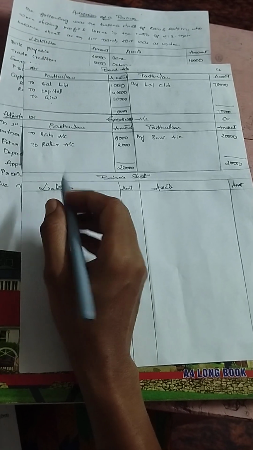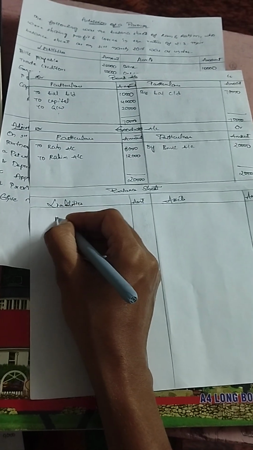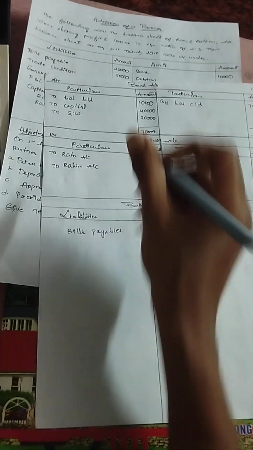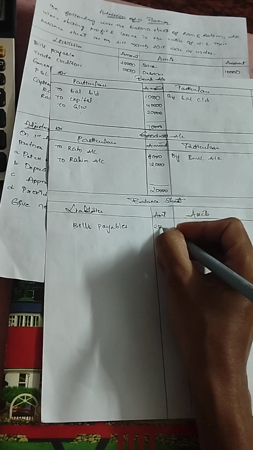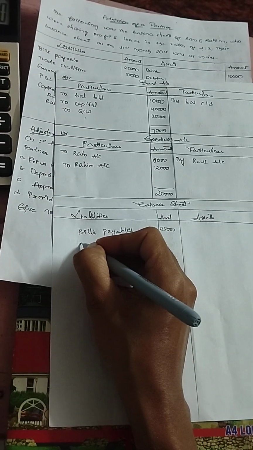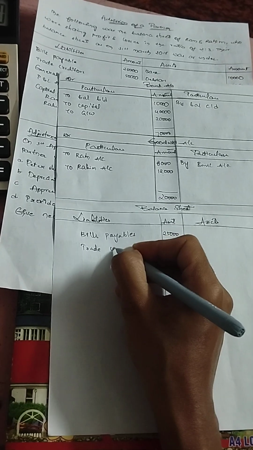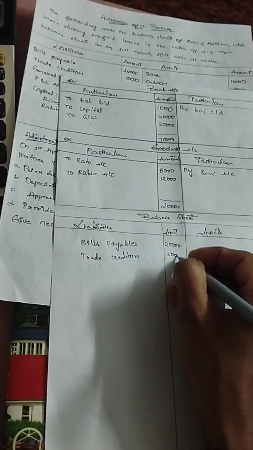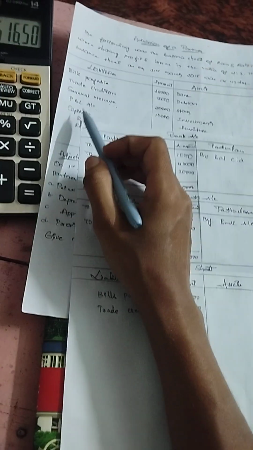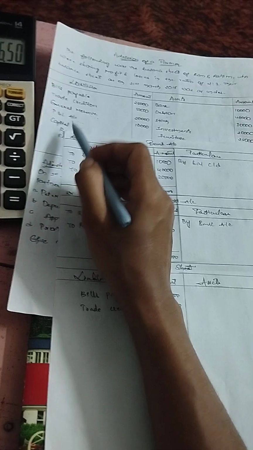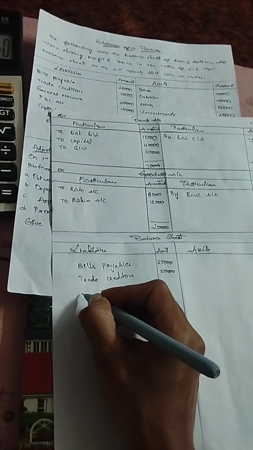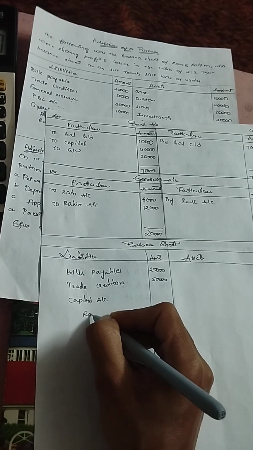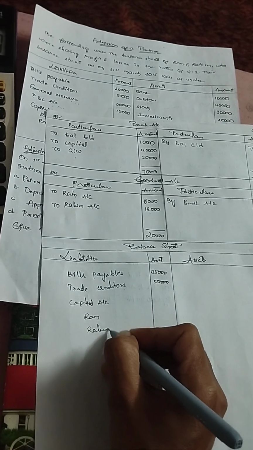In balance sheet, the first one is bills payable, that is 25,000. We don't have any adjustment for this. Next is trade creditor, 50,000. General reserve and P&L account we have taken already in capital account. Next is capital account of Ram, Rahim, Peter.